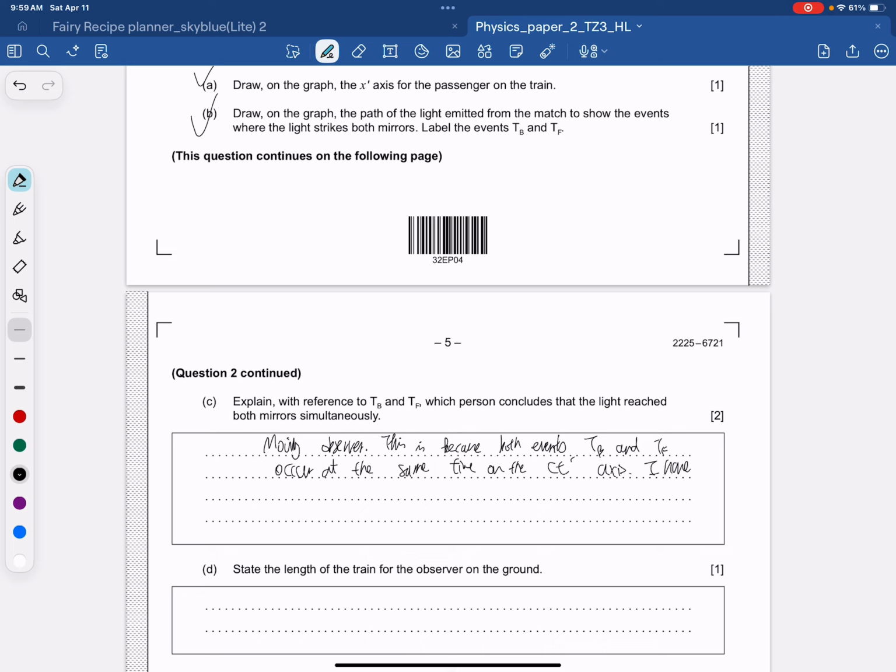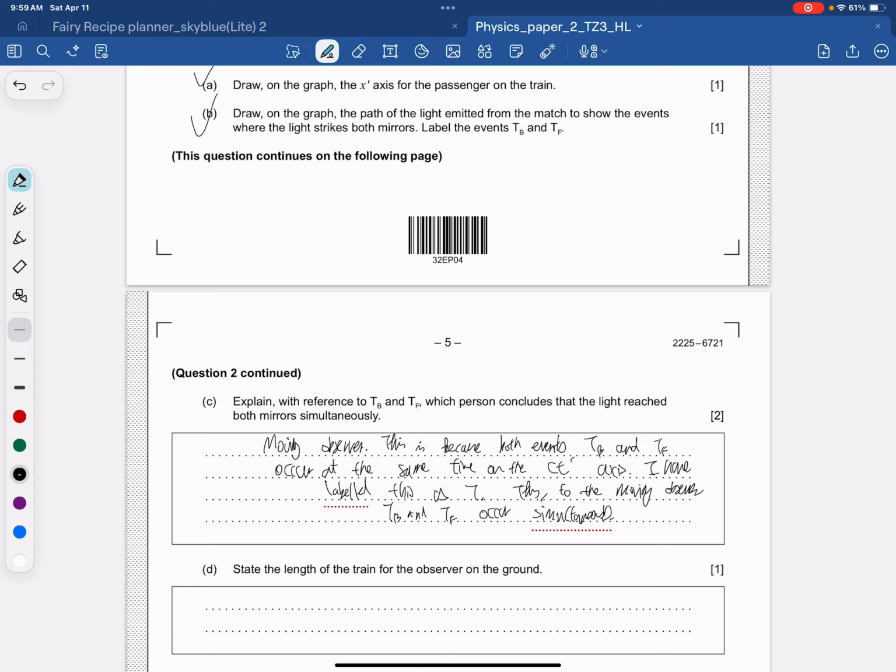I have labeled this as T. Thus, to the moving observer, TB and TF occur simultaneously. Let's check the mark scheme.